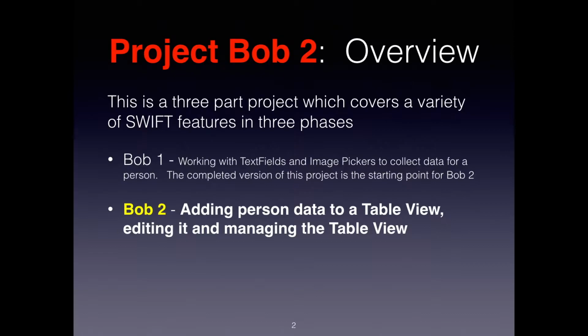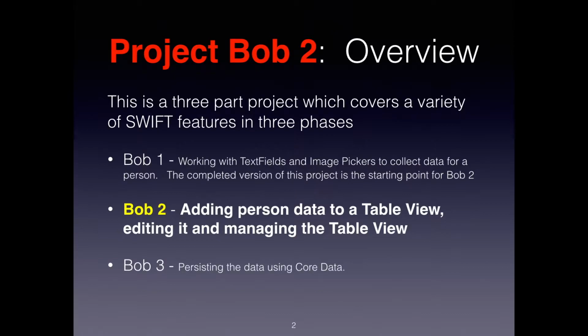So this is sort of the second half of what you would need if you're creating an application that has members in it. This is a core capability in a lot of applications, so if you're building an application, you may have something like this. Okay, so that's what Bob 2 will be.